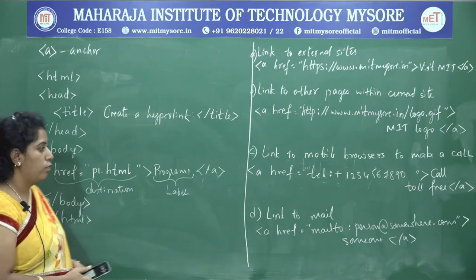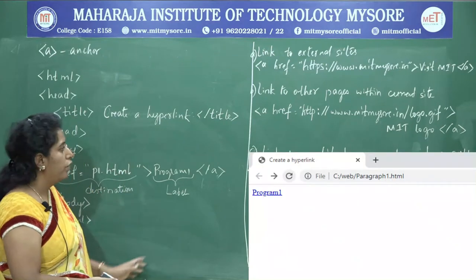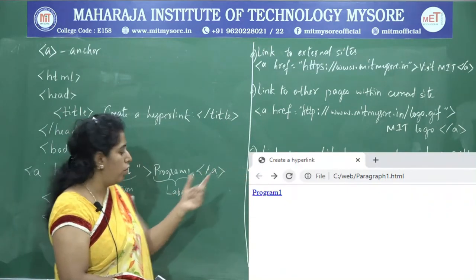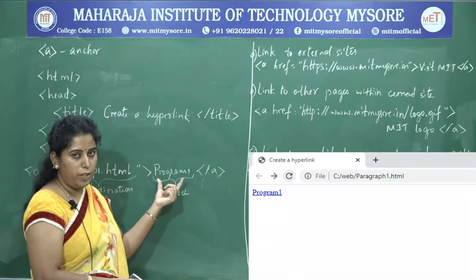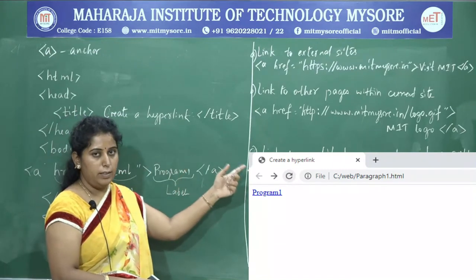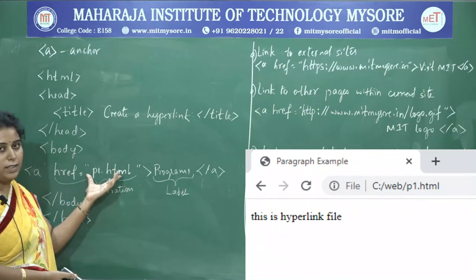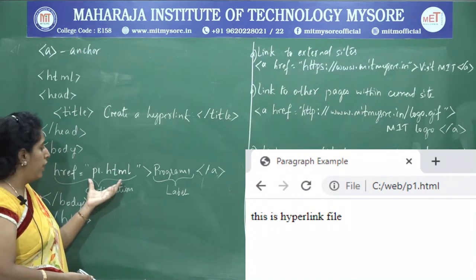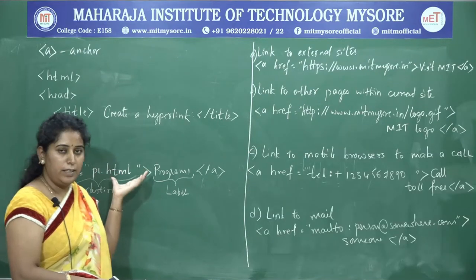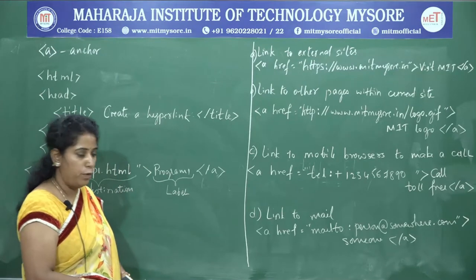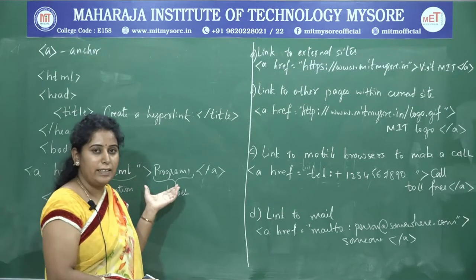So finally, once you run this program, you can look into the output in this way. See, you can notice, right? What was the label name given? Program 1. Once I click on that, finally it redirects to the document where this exists. Okay, so if this file is present in the folder where I am working with this program, it is easily accessible.